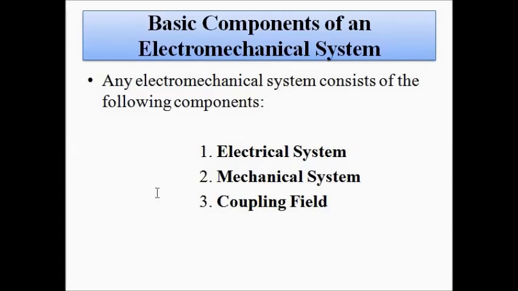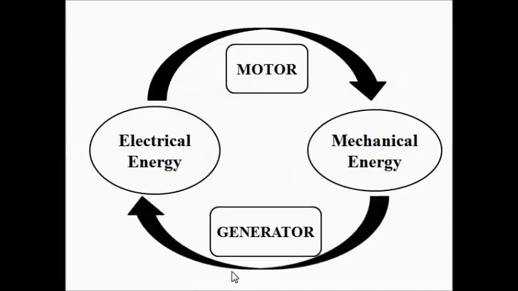Now when I say electromechanical conversion system, only two things come to our mind. Most of our discussion will heavily revolve around these two basic electrical machines, and those two machines are motor and generator.